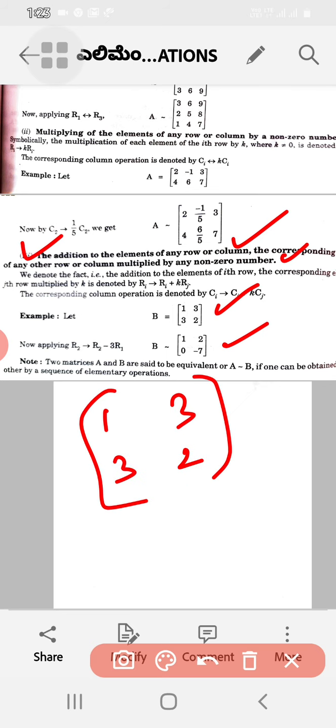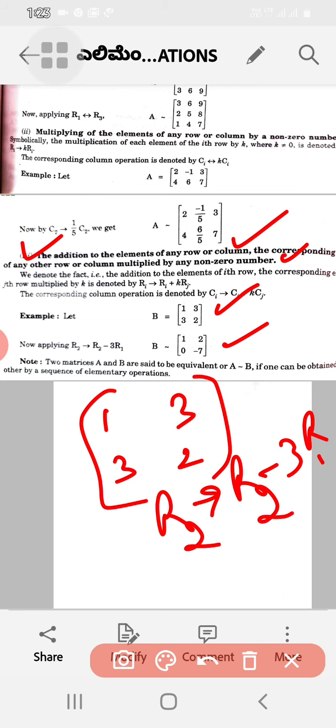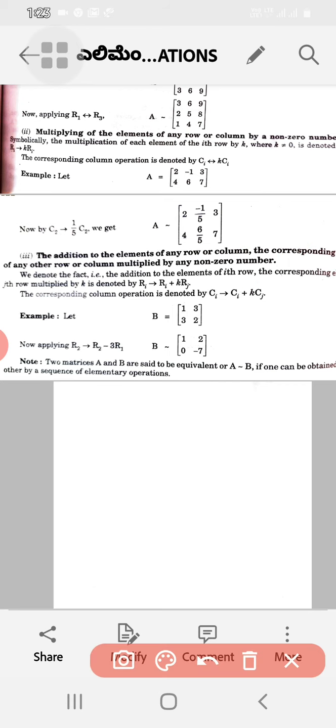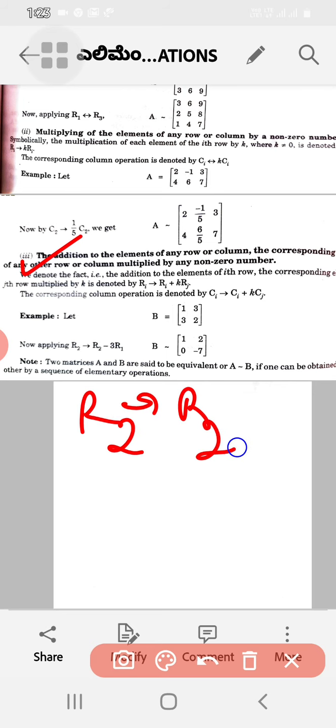So what is the operation here? See, R2 changes to R2 minus 3R1. See, this is the property here. R2 minus 3R1. Okay, this third one is, R2 changes to R2 minus 3R1.